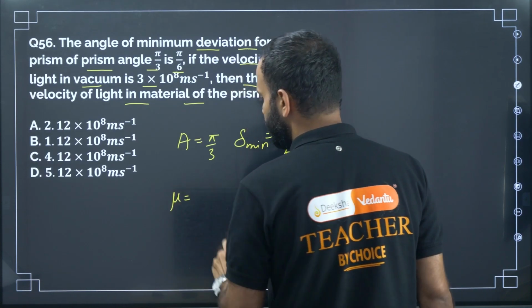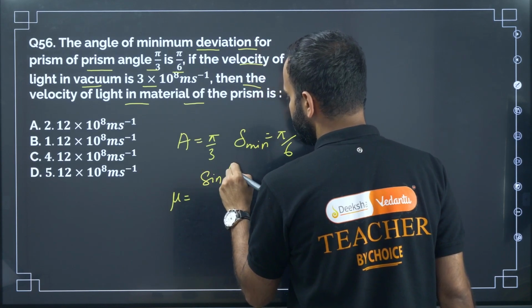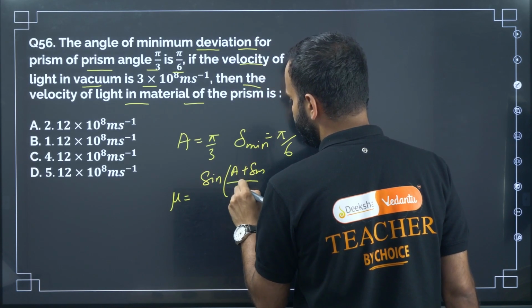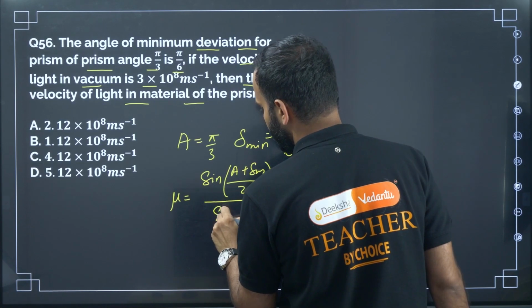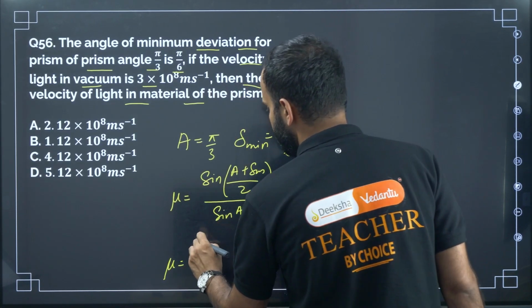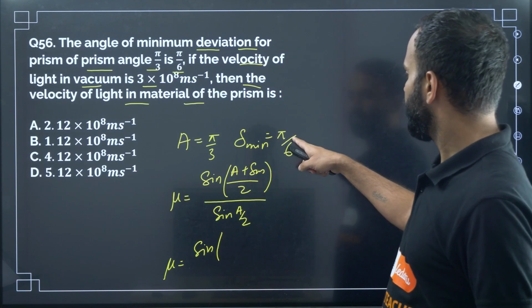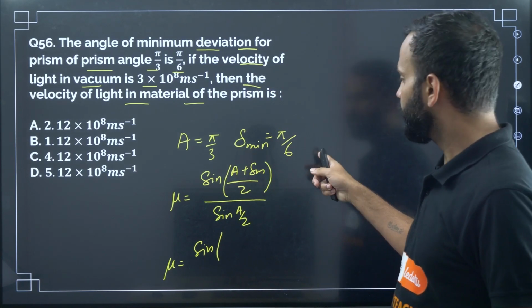So mu, that is the refractive index of the prism, is equal to sine of (A plus delta m) divided by 2, whole divided by sine of A by 2. So now mu is equal to sine of pi by 3, which is 60 degrees, and pi by 6 is 30 degrees.